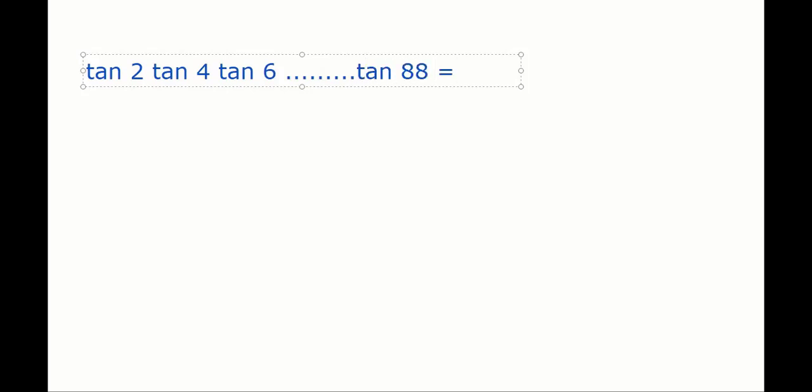What should be that value? Asta, how will you solve this?